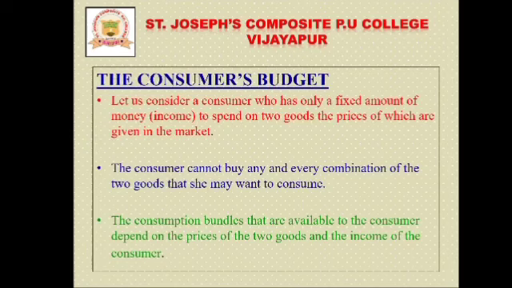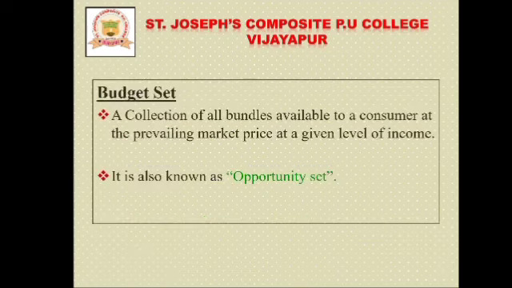This can be explained very nicely with the concept of the budget line as well as the budget set. So now let us look at the budget set. What is a budget set? A budget set is a collection of all bundles available to a consumer at the prevailing market prices and at a given level of income.